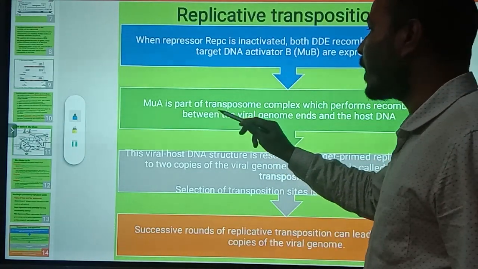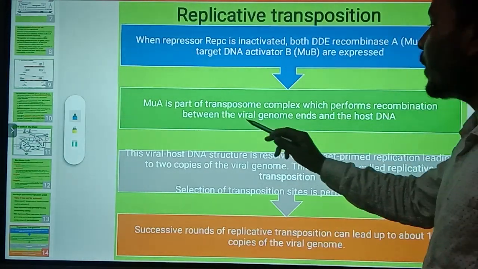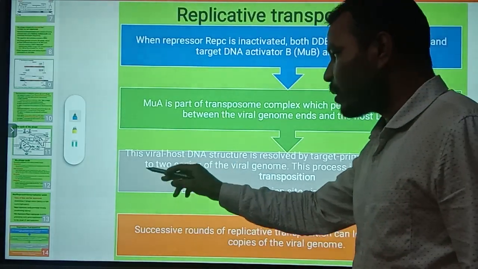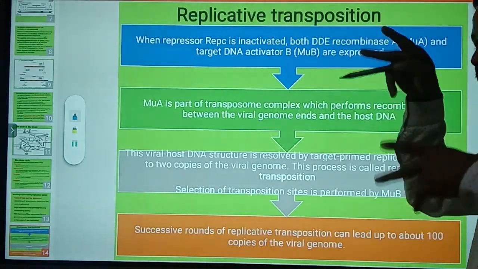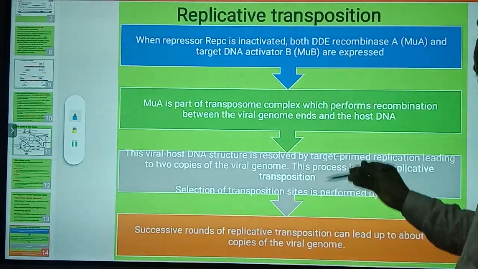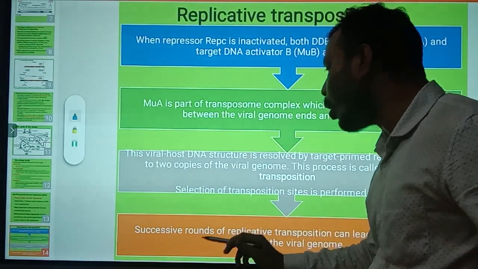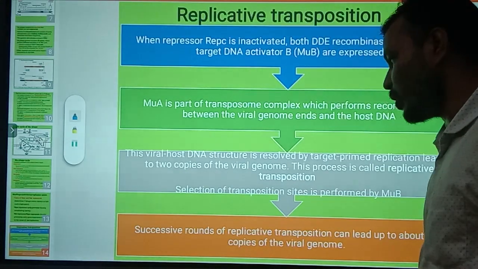MuA is a part of the transposome complex which performs recombination between the viral genome ends and the host DNA. Further, this viral-host DNA structure is resolved, right? It will be cut from that site by target-primed replication, leading to two copies of the viral genome. This process is called replicative transposition, right?